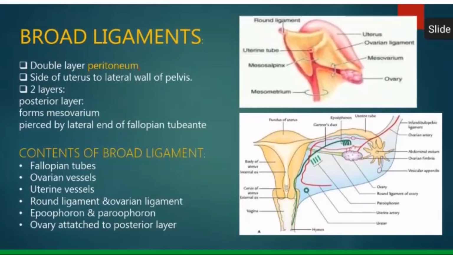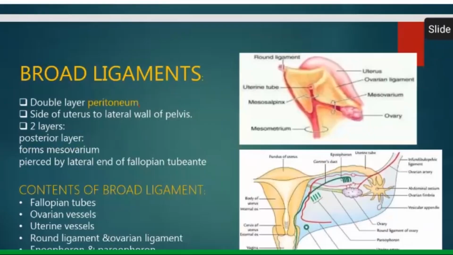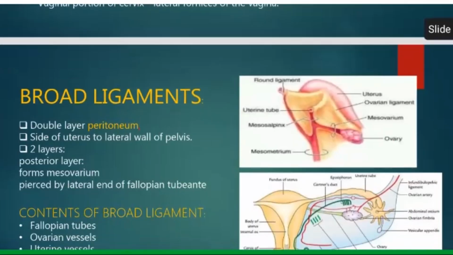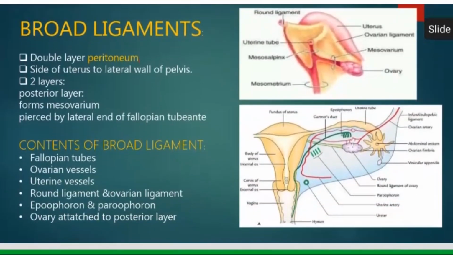Now come to the broad ligaments. We see here in the lateral attachments of the uterus that the broad ligament is there. The broad ligament is a double layer of peritoneum only. You might remember from the anatomy of the abdomen that the peritoneal lining is there.